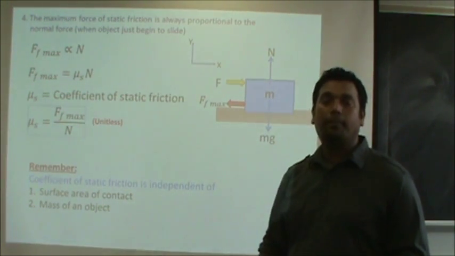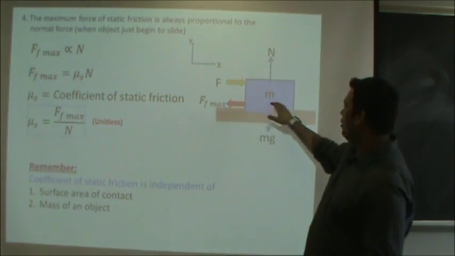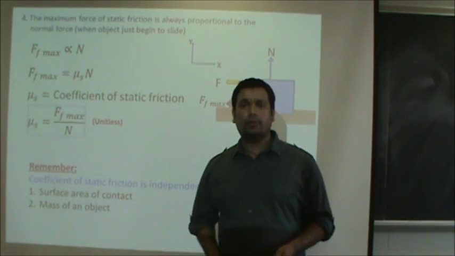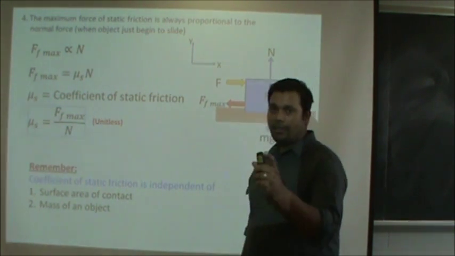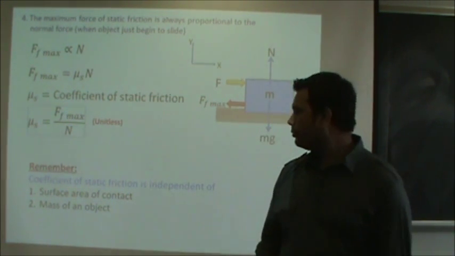And it's also independent of the mass. So if this mass is 10 kilogram or 50 kilogram, mu is always the same. It always remains constant. But it only changes when you change the materials.